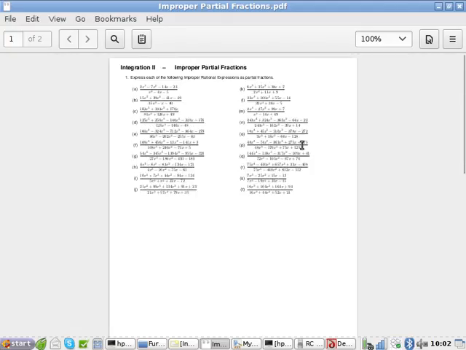I have two ideas in my head. I don't know which is best because you were here for the last class, so you've seen both of these partial fractions, the proper and the improper, but you've seen neither of these. I think we should give some time to practice in these.